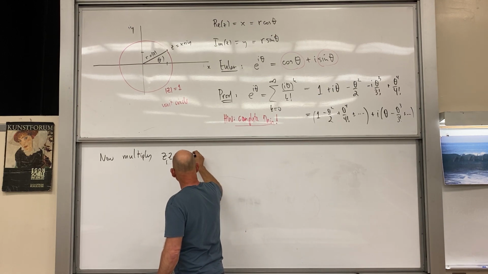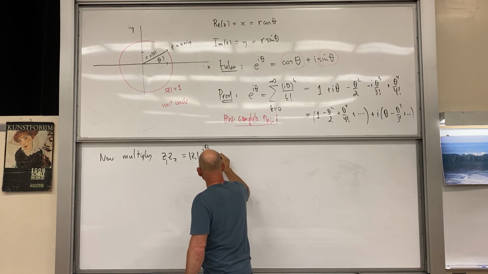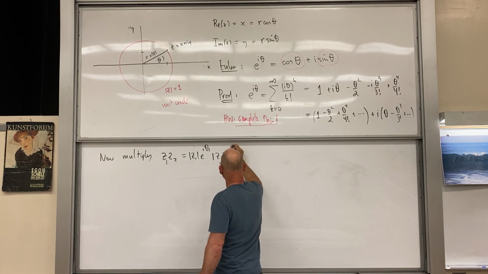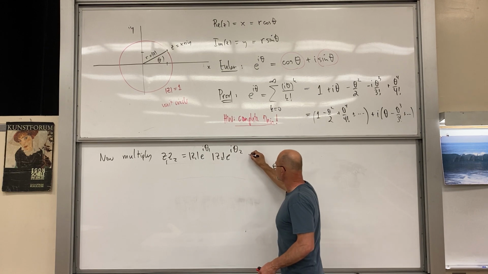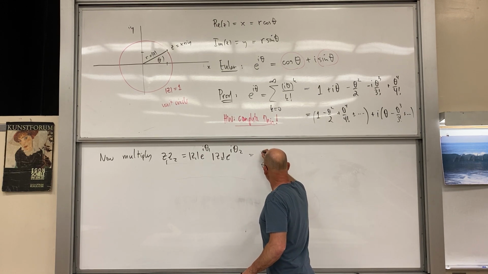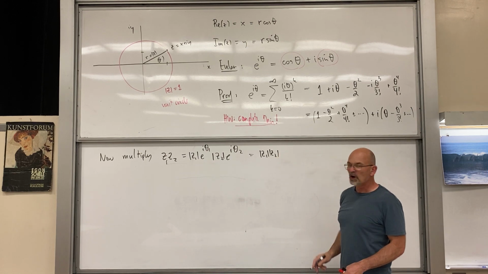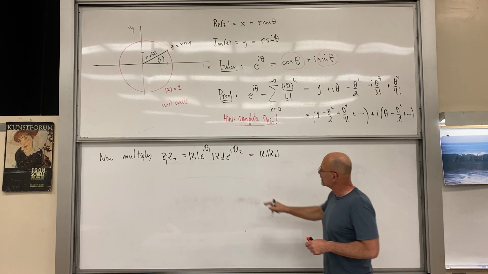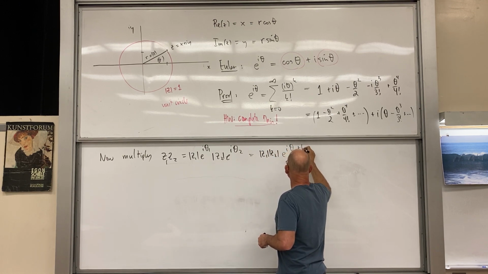So that would be z1 magnitude e to the i theta 1 times z2 magnitude e to the i theta 2. Okay. So that's z1 z2, or r1 r2. But look what we have here, e to the i theta 1 plus theta 2.